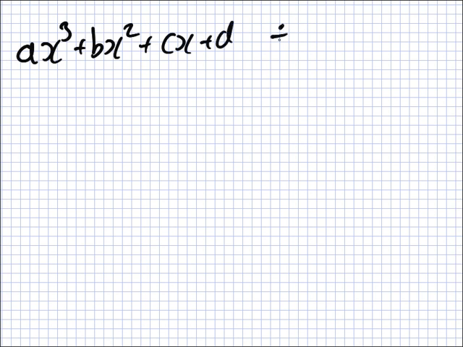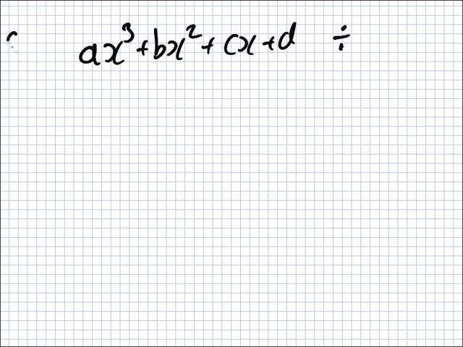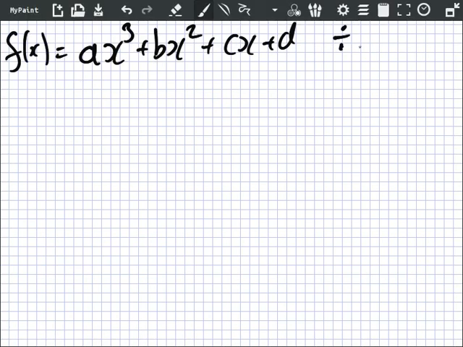What I want to know is, can I figure out a formula for any cubic like this? Let me call this cubic f, for example, f(x) equals this, and I want to divide it by x minus k.